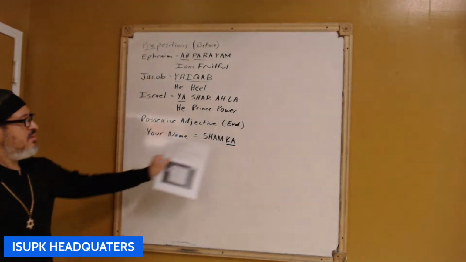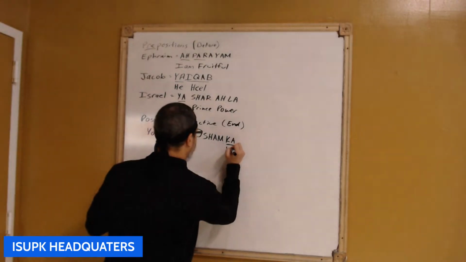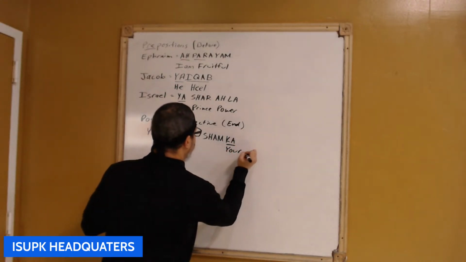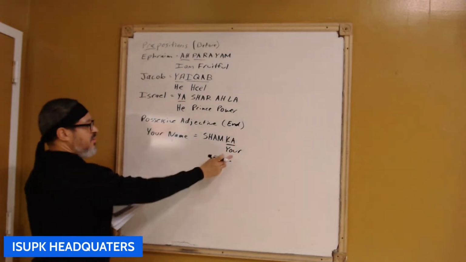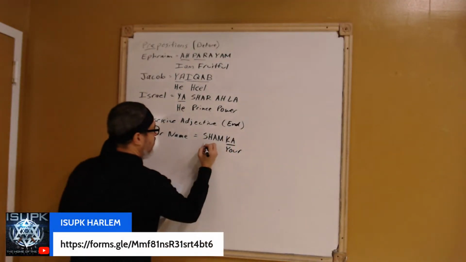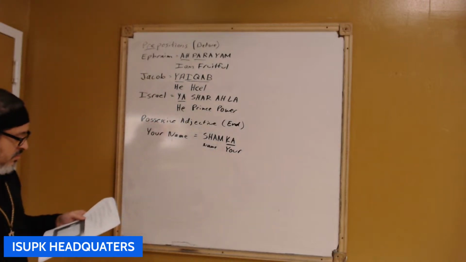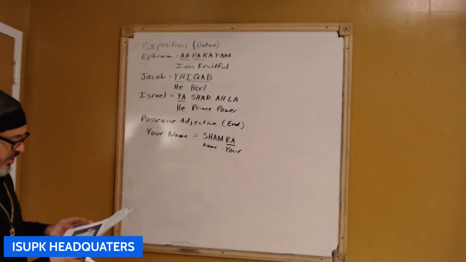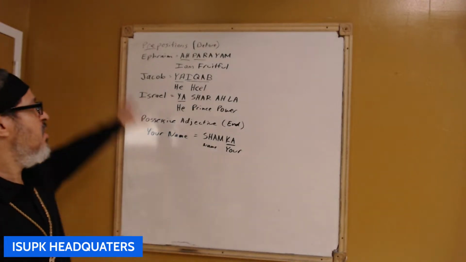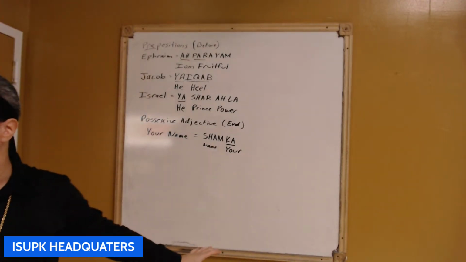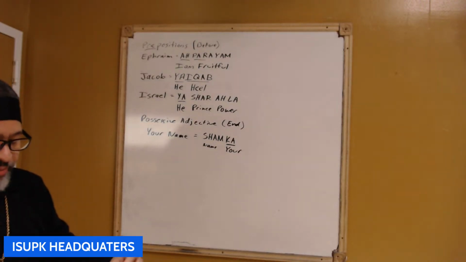And that Ka is your. So because it appears at the end of the word, that Ka is actually your. This part is name. All right. So now we're going to do something to build on last week's. I brought you all the way up to here a little bit quicker. Now we get to have more fun in now forming these words.